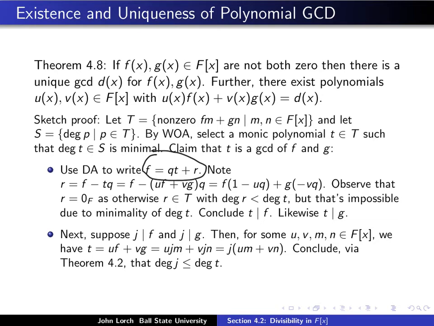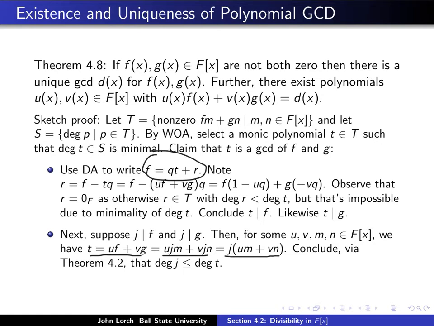So t is uf plus vg. But remember, f and g are both divisible by j, so we can replace f by jm and g by jn for some polynomials m and n. And then factoring out the j, we have this. So we've written t as j times some other polynomial.